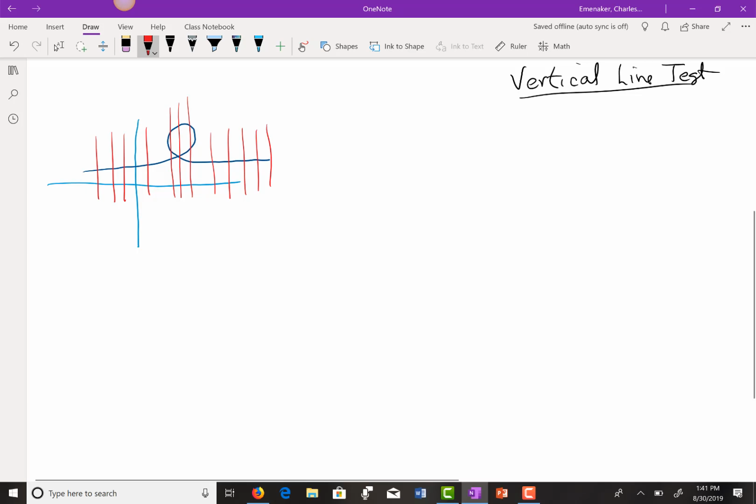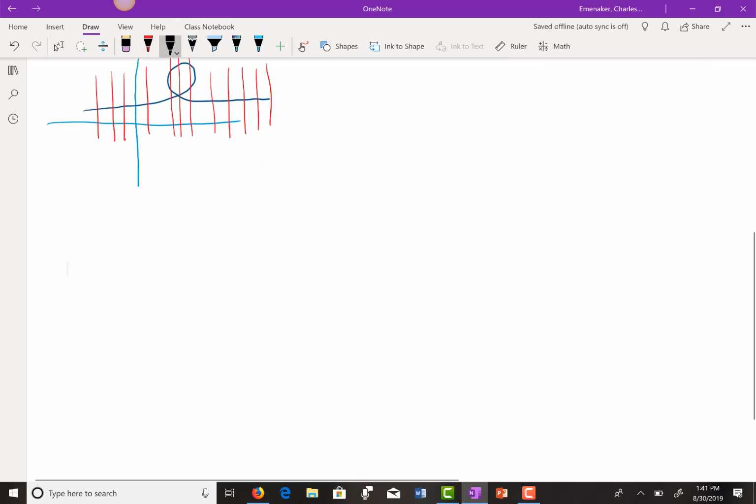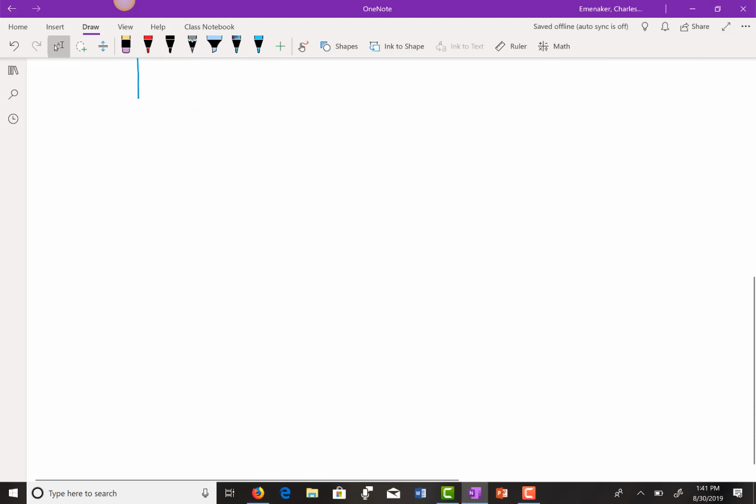I can no longer talk about situations where you have loops in them and all kinds of cool stuff like that going on. Okay? I have to limit myself to things that have the characteristic of passing the vertical line test. If we're working with functions, which is what we're going to usually work with, one of the things that we're going to be concerned about is the domain of the function.